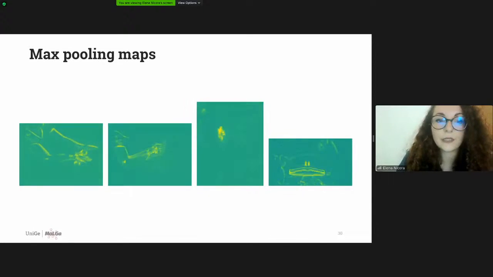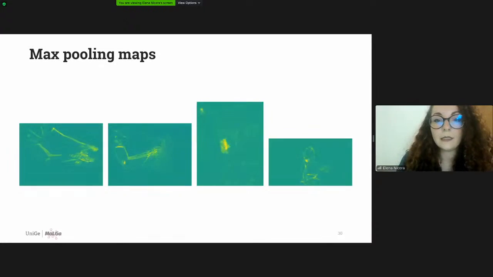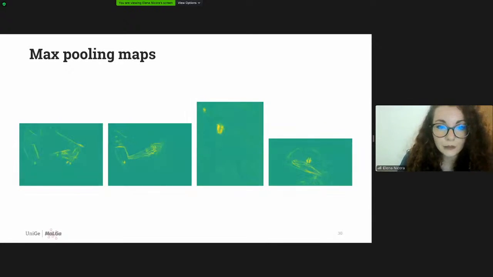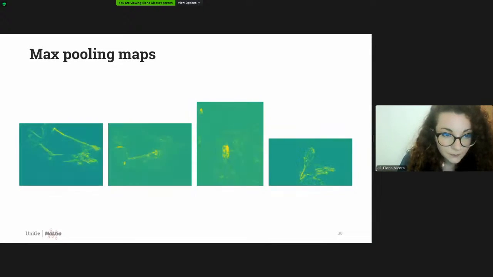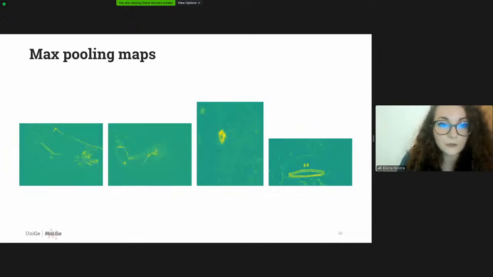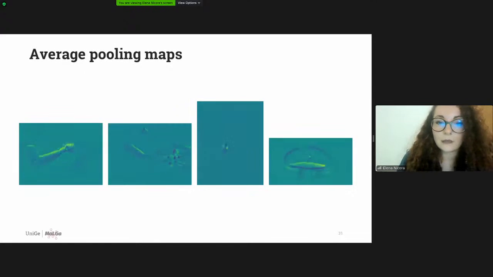As we can see, we can understand where the motion is occurring in the maximum way, so where the difference is higher. At the same time, we decided to compute also the average.